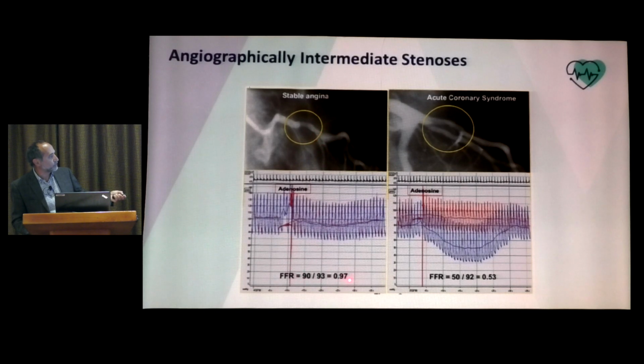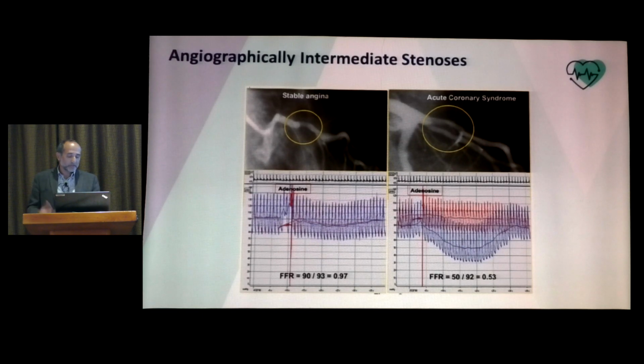This lesion had an FFR of 0.97, which means that there is no significant stenosis, and this patient can be safely left alone, while this lesion in a patient with an acute coronary syndrome with the same angiographic features has an FFR of 0.53. Severe stenosis with severe ischemia or reduction in flow distal to the stenotic lesion. And this lesion in this particular patient needs to be tackled with a stent.